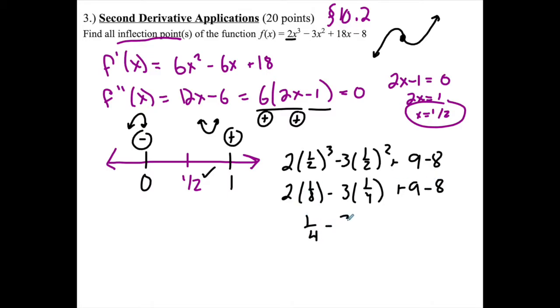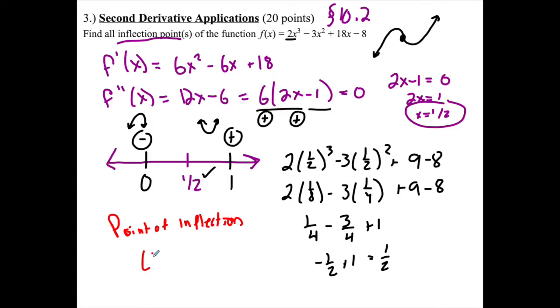So 1/4 minus 3/4, and then this is plus 1. So 1/4 minus 3/4, well, that's negative 2/4, or in other words, negative 1/2 plus 1, which is 1/2. Okay, so the conclusion is points of inflection, there is one, and it occurs at 1/2, 1/2.